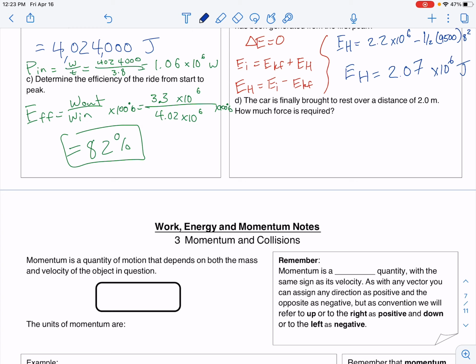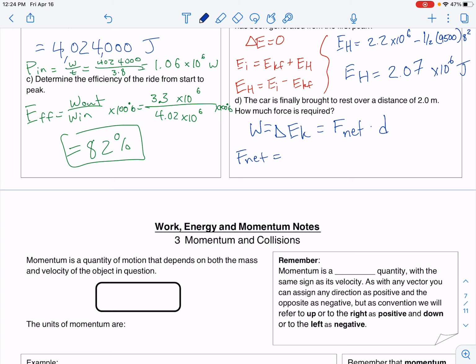Okay, finally, the car is brought to rest over a distance of 2 meters. How much force is required? Let's solve for my net force, because that's what it's asking for.